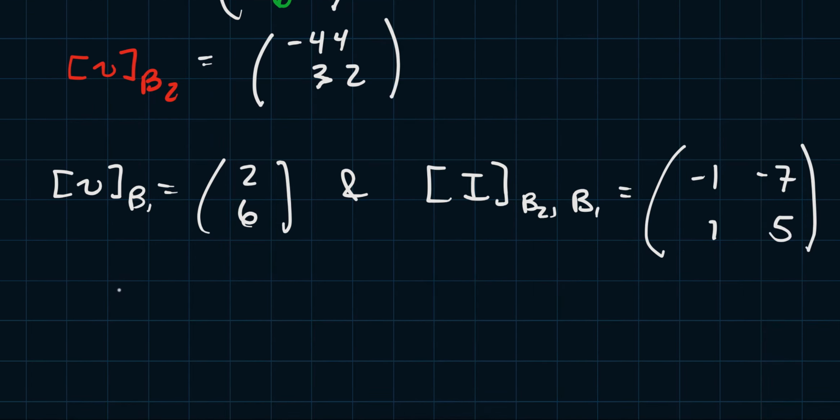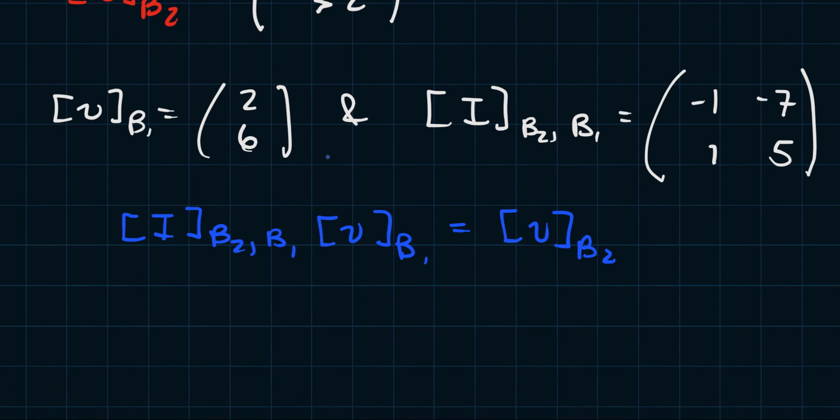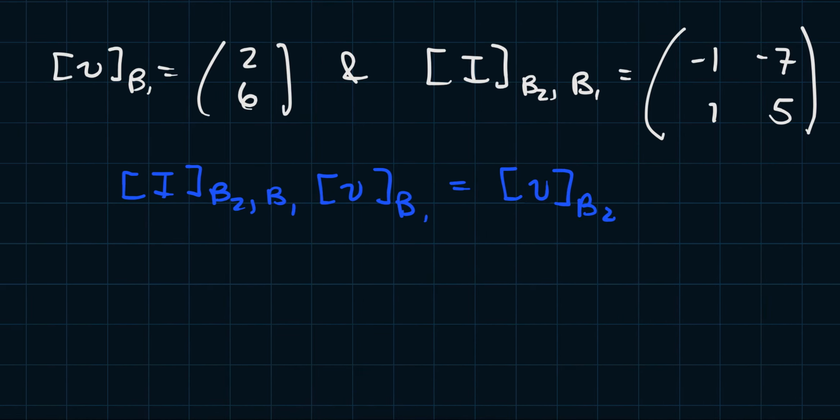And I'm going to show you that if we take this matrix I, B2, B1, and multiply it with this matrix, we should get V, B2. Let's see if that's the case. So we're going to take -1, -7, 1, 5, multiply it with 2, 6.